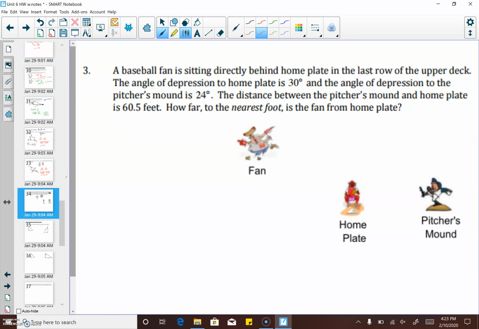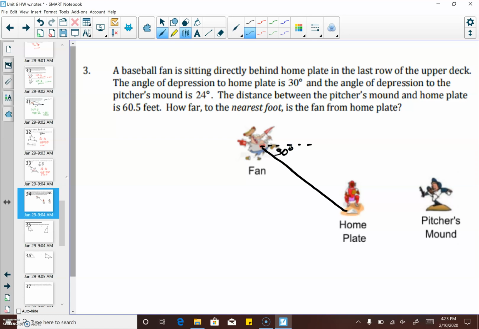So we're going to end up with a couple of different things here. They told us that the angle of depression from the fan to home plate is 30 degrees. So this piece out here is 30 degrees.